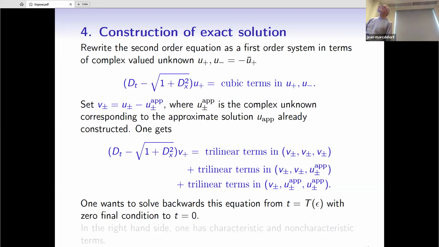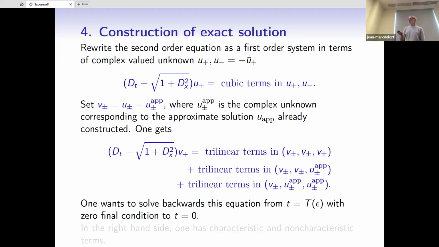And in addition, you will know that at the time t of epsilon, your exact solution u plus is exactly given by u plus up, and u plus up displays this inflational property, which was the conclusion of the theorem. So you will have got a true solution, which is non-inflated at time capital T of epsilon, and which at the initial time is close to the initial conditions that were fixed at the beginning.